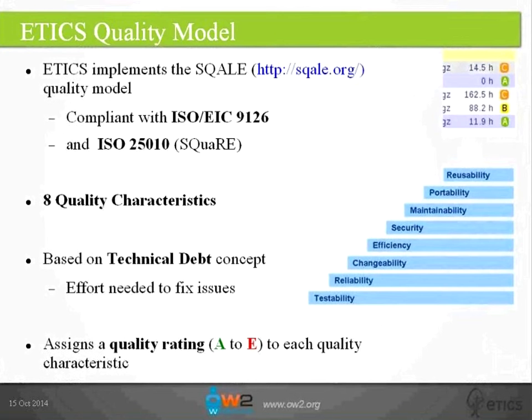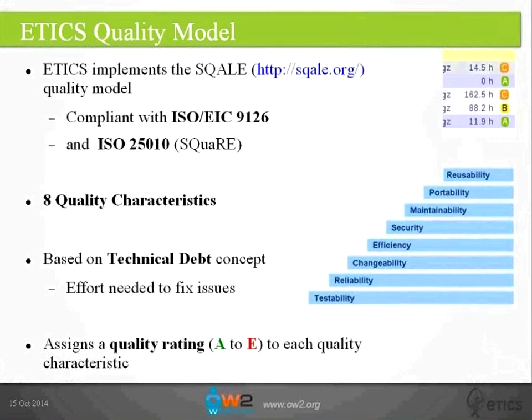And when we analyze the source code, for each violation of these source code requirements, the SQALE method and the implementation we did for ETICS compute the so-called technical debt, which is the estimated effort needed to fix the issues in the code in order to be compliant with the requirements decided by the model.